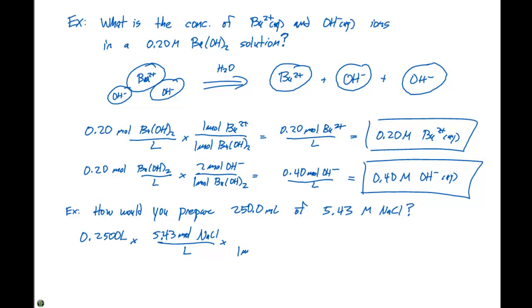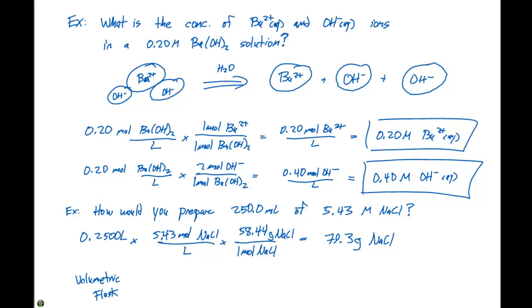We know that for every 1 mole of NaCl, we can look at the periodic table and determine that that's 58.44 grams of NaCl. This gives us a value of 79.3 grams of NaCl.